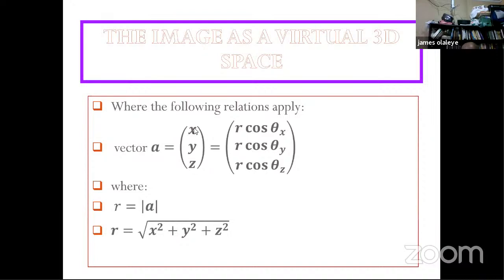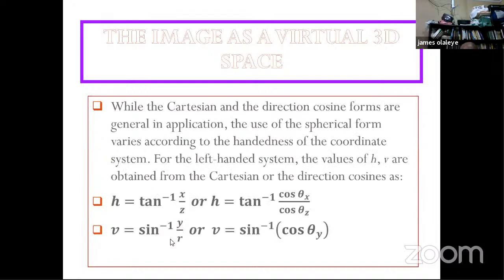This vector A in Cartesian form x, y, z in direction cosine form is given there. And R in this case can be computed as the magnitude of A, and that's what is given using the Pythagorean theorem.